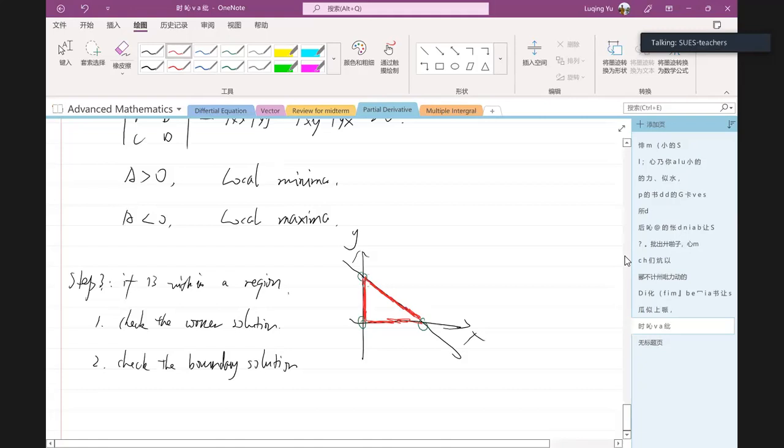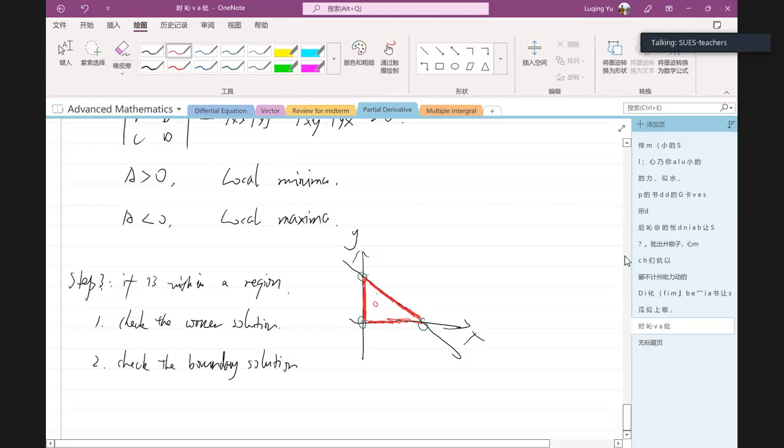Most of the time, the local maximum or local minimum, or the global maximum or global minimum, on this small region you can find is on these corners. The other possibility is that it happens within this area.